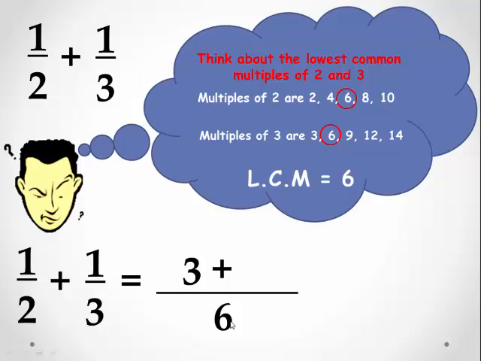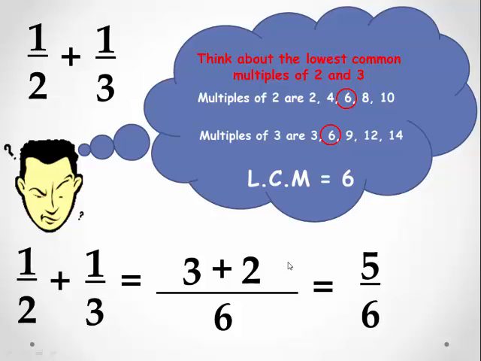That is 2. 2 times 1 will give me 2. So when you add 3 plus 2 together, it gives you 5, and the 6, which is the denominator, remains. So we have 5 all over 6 as our answer.